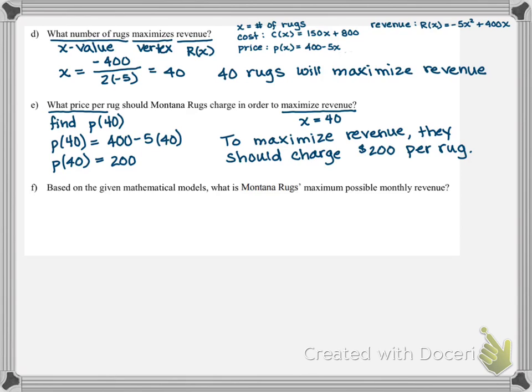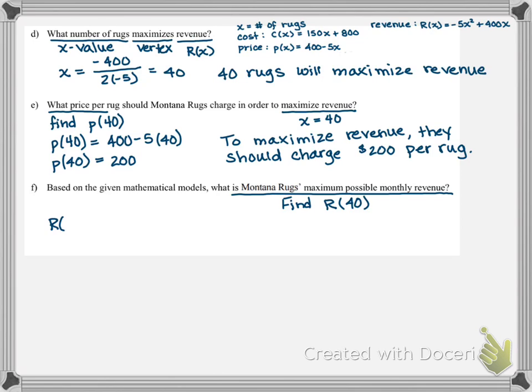So now I want to know what the maximum possible revenue is. So what function should I use? Yeah, R of X, my revenue function, because I'm looking for a revenue. So I want the function that has an output of revenue. So I'm going to find R of, what's my input? 40, because that's the quantity that maximizes revenue.